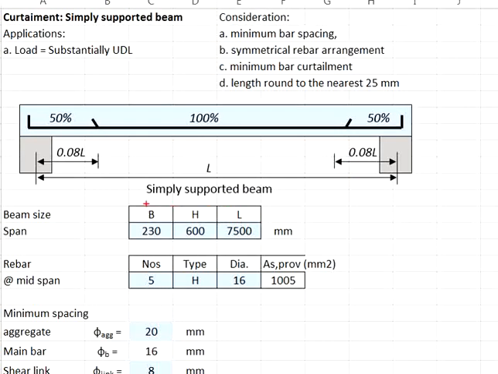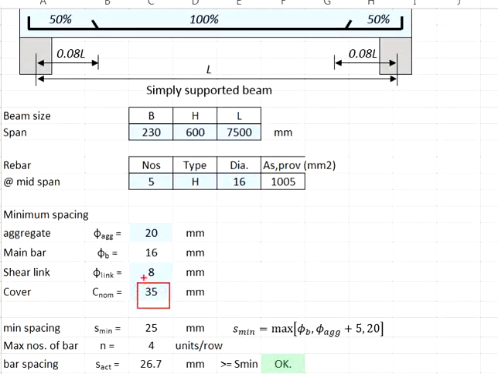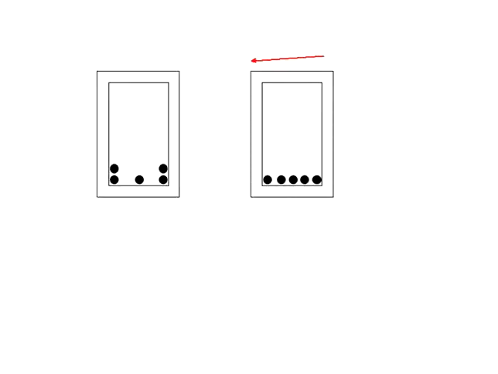Let us first try to calculate the spacing between the reinforcement based on this arrangement. Given the width of the beam is 230, your concrete cover is 35 and your shelling is 8 mm. Take 230 minus 2 concrete covers minus 2 units of the shelling minus 5 units of H16 rebar, divided by 4 spacings between the reinforcement.